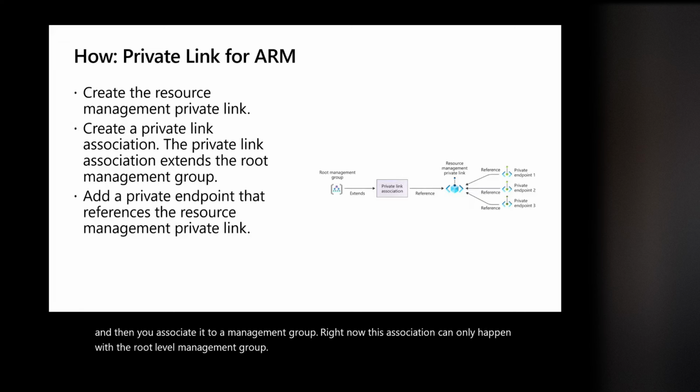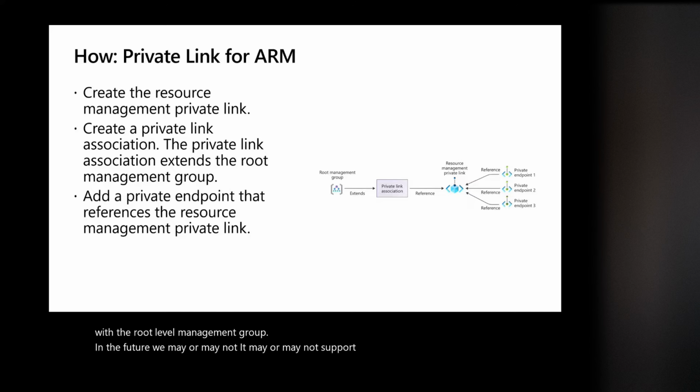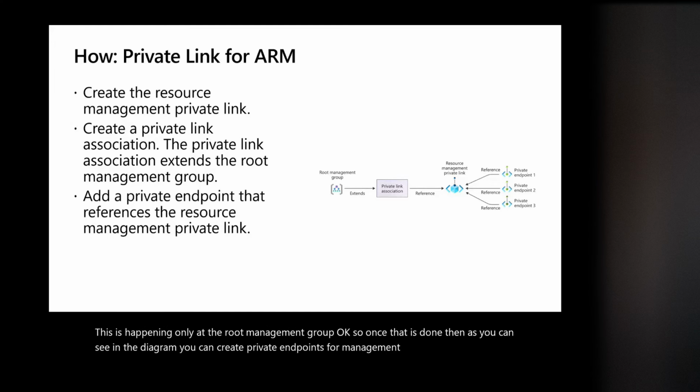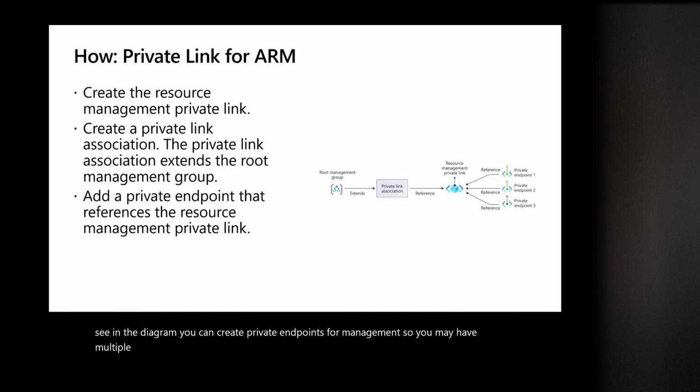In the future, it may or may not support others, but at the moment, this is happening only at the root management group. Once that is done, as you can see in the diagram, you can create private endpoints for management. You may have multiple VNets where you allow users to do resource management, and only in those VNets do you drop the private endpoints.